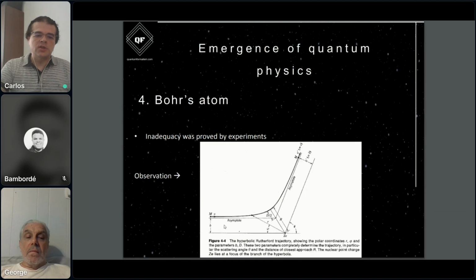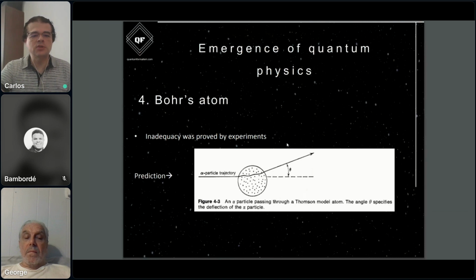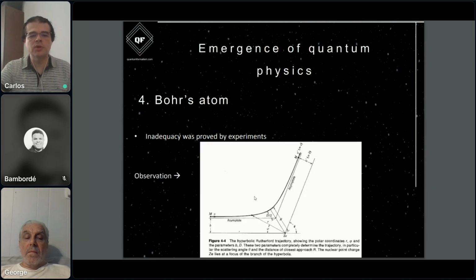So here is just an example of a trajectory, but here is Ze, the charge of the nucleus, and just close to this place, a behavior like that would happen. So this model is not good enough to explain the observational results.